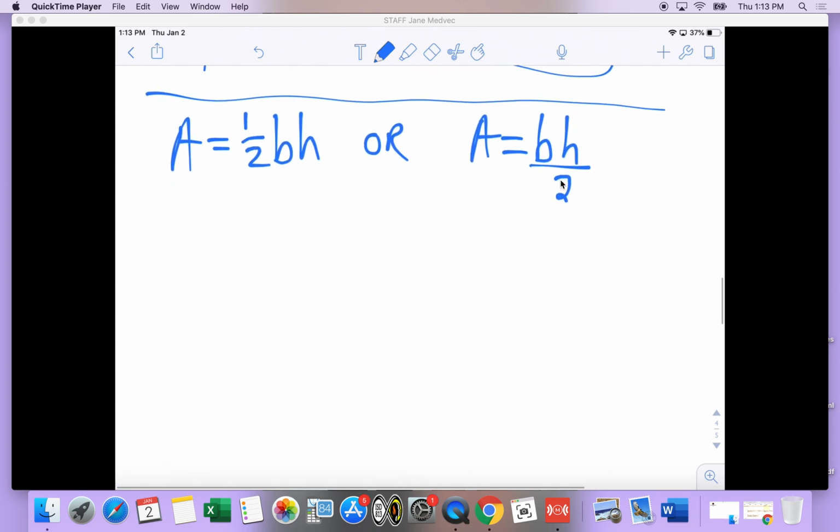And on our triangle, if we draw a right triangle like this, it doesn't really matter what I put in for my base or my height, but keep this in mind that this is my hypotenuse, and it would not be one of those. So looking at it like this, the height is the one that goes up and down, and the base is what it sits on. But it would not be the hypotenuse. The hypotenuse is never the base or the height if I have a right triangle.